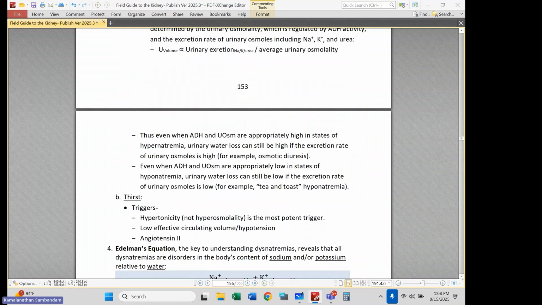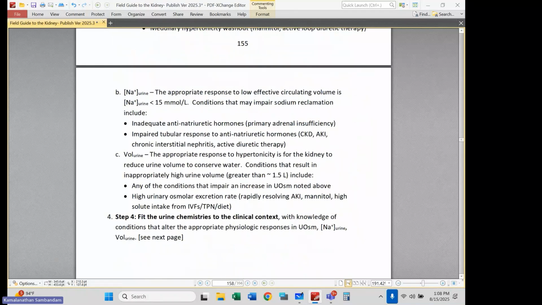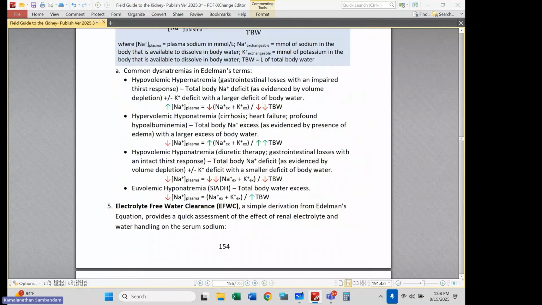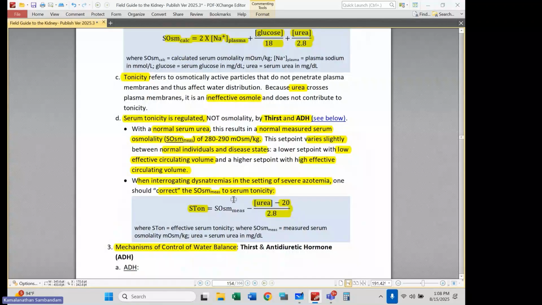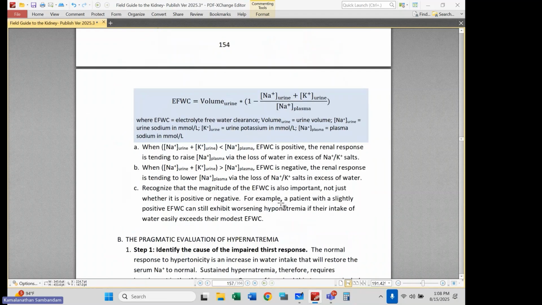You can do the same for when you have circulating alcohols, including ethanol, that can create also a measured tonicity, which is not reflected by the measured osmolality. Okay, and so there's a correction factor. I'm sure I have it somewhere in your field guide.